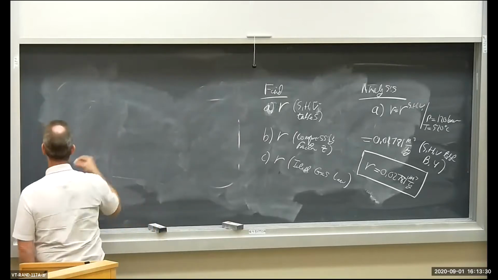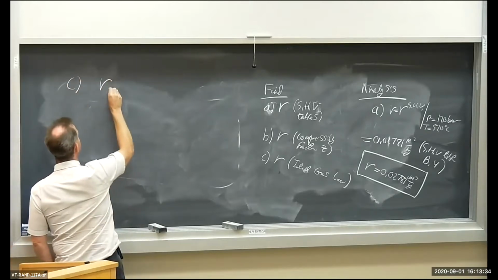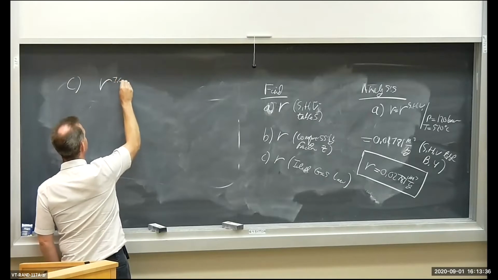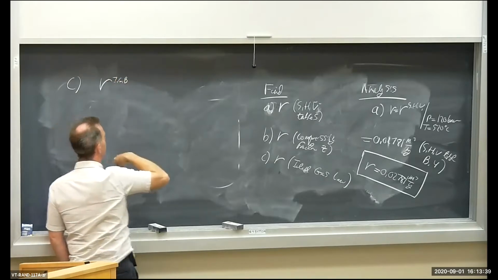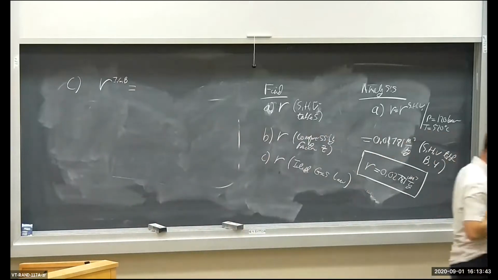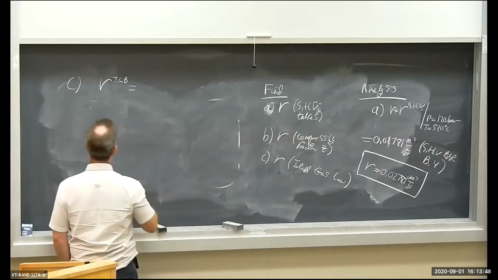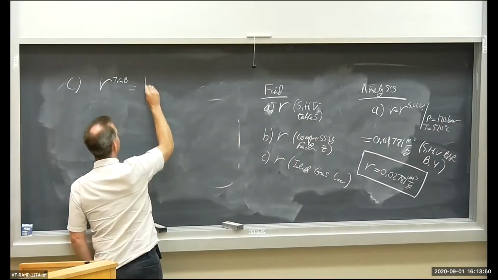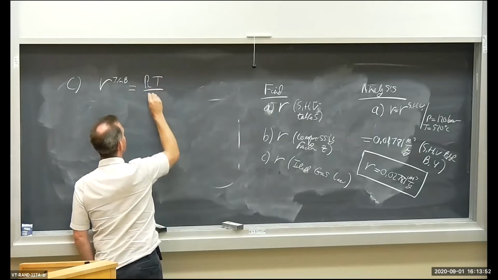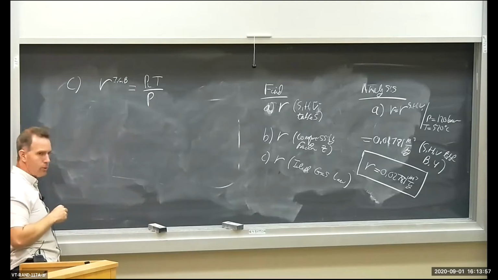So this is part C, and this is specific volume according to the ideal gas behavior, IGB. So that's when Z is equal to 1. And so we have specific volume is equal to the gas constant R times temperature divided by P. Ideal gas law is assumed to be valid.